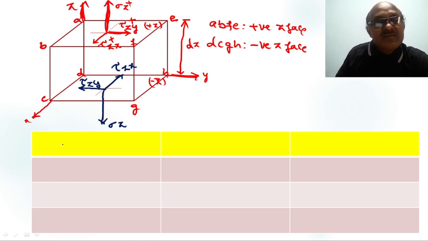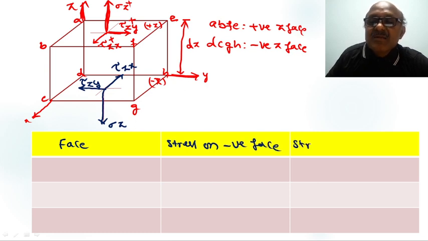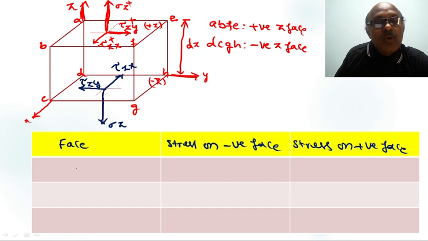All of you clear, my dear students? So again, a similar procedure. Face, stress on negative face, stress on positive face. Okay. Now here the face is Z, my dear students. What is the stress on the negative face?